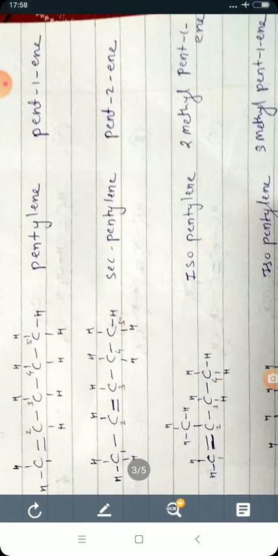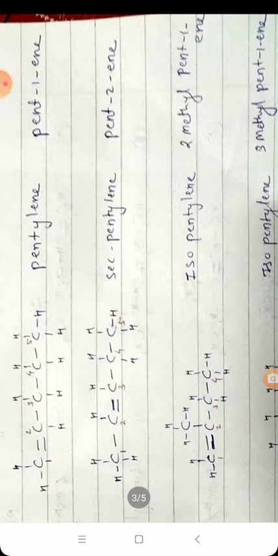If a tertiary carbon is present in a compound, it is called iso. We will discuss this in later lectures. Basically, it is called 2-methyl, because the CH3 group is present on the second carbon, and the remaining 4 carbons have the double bond between the first and second. There is a mistake here: 2-methylpent-1-ene is written, but the name is 2-methylbut-1-ene.